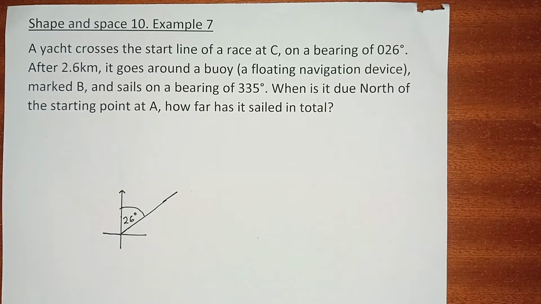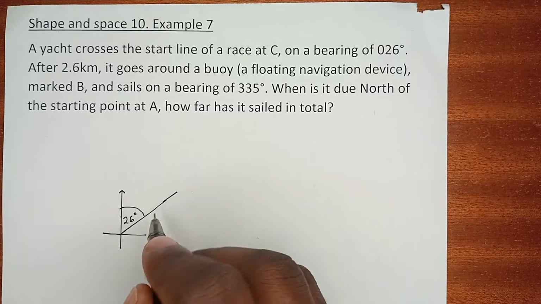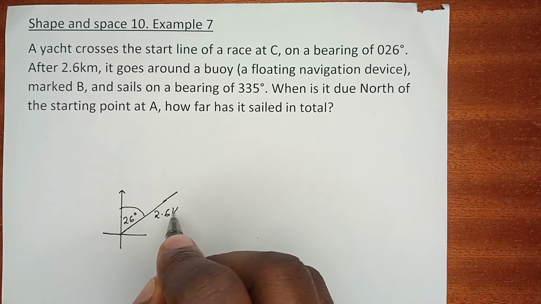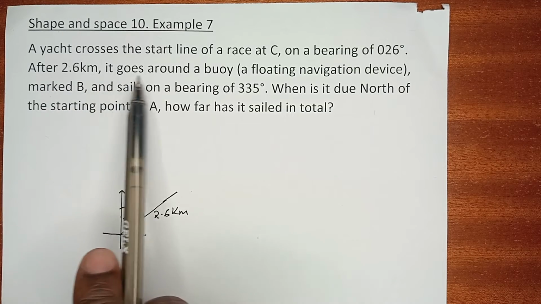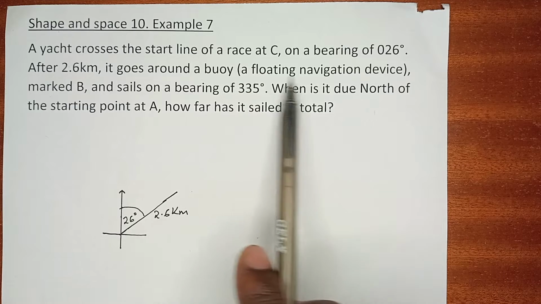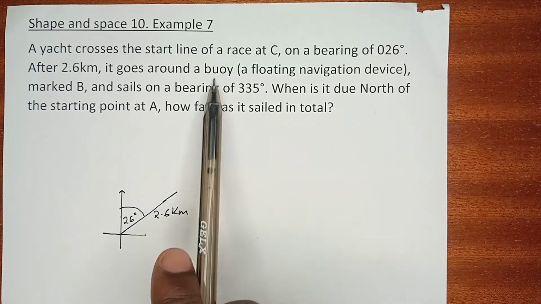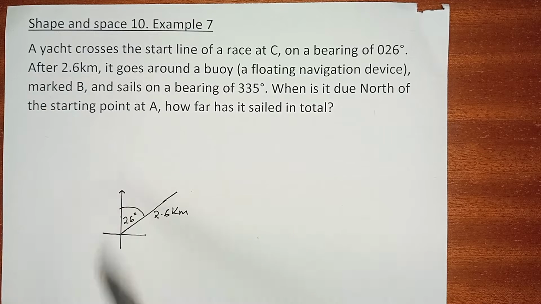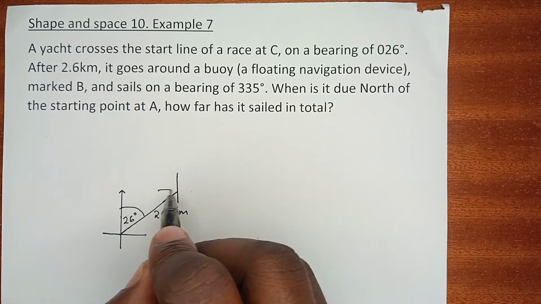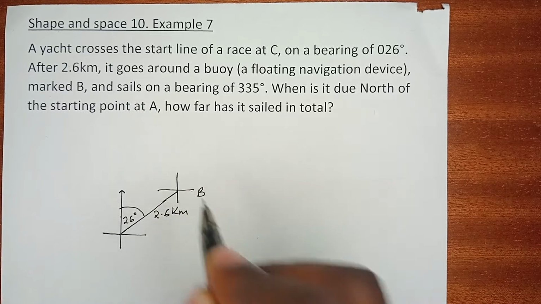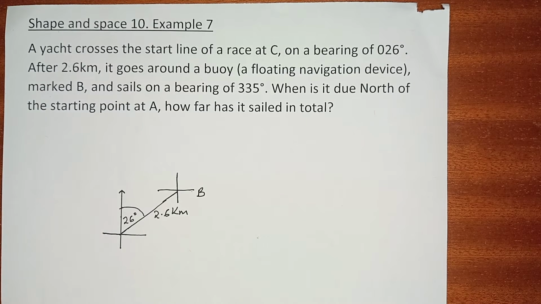After it has traveled for 2.6 kilometers, it goes around a buoy, a floating navigation device, marked B, and sails on a bearing of 335 degrees. At this point, which we are calling point B, it now sails on a bearing of 335 degrees.